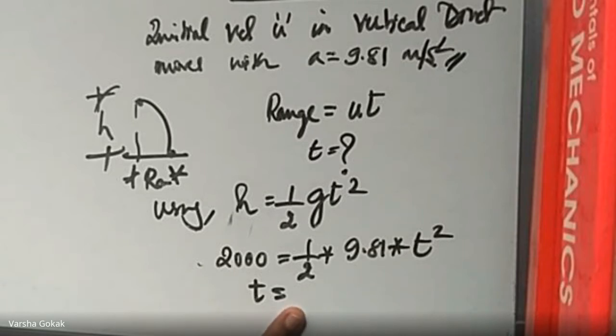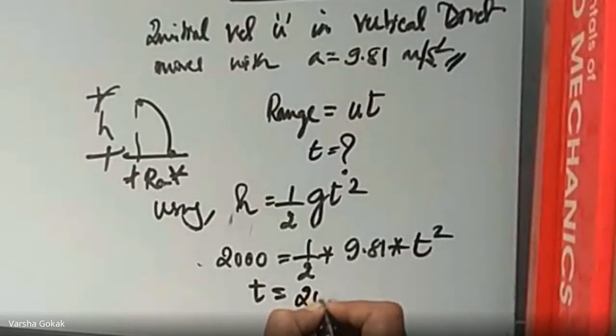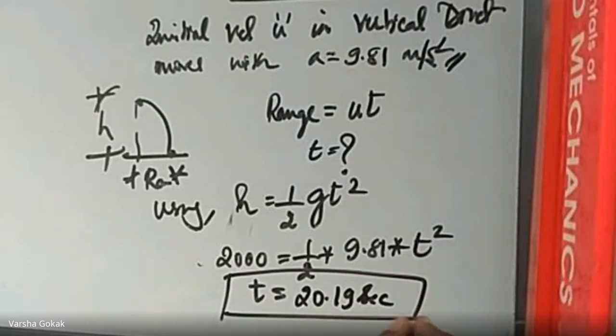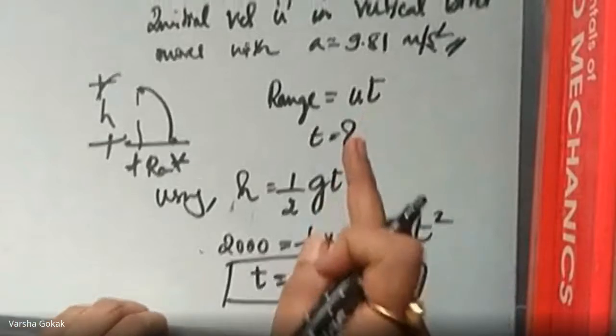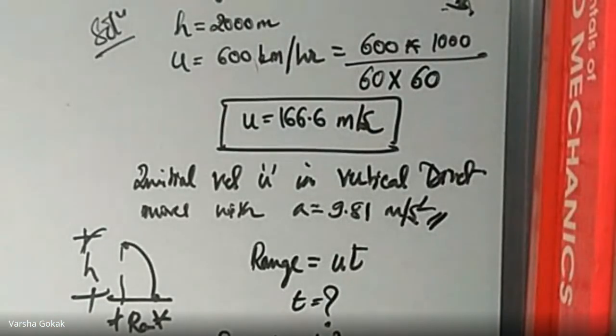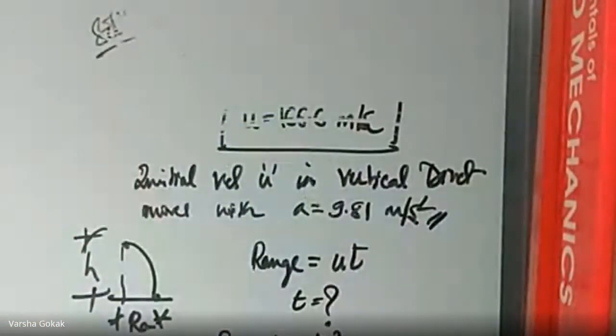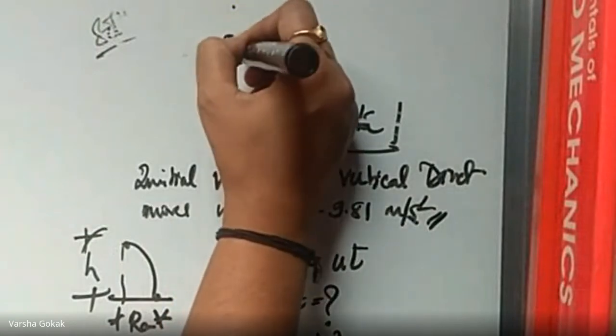What is the value of T here? 20.19 seconds. Correct. Don't say 19, okay? 20.19 seconds. So we found T. Now if I substitute this T here, I'll get the range, which is what has been asked in the question.